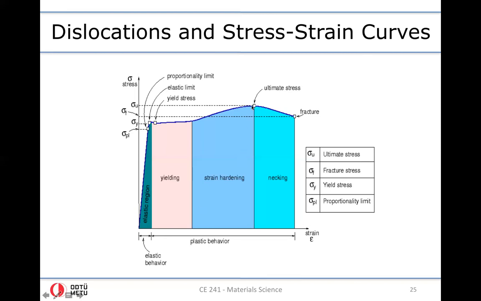Okay. There is one more stress here that is referred to as the ultimate stress. That is the maximum stress that you observe, the peak stress observed in the engineering stress-strain diagram. And there's also another point, the end of the necking region, denoted by F, sigma F. That is the fracture stress.